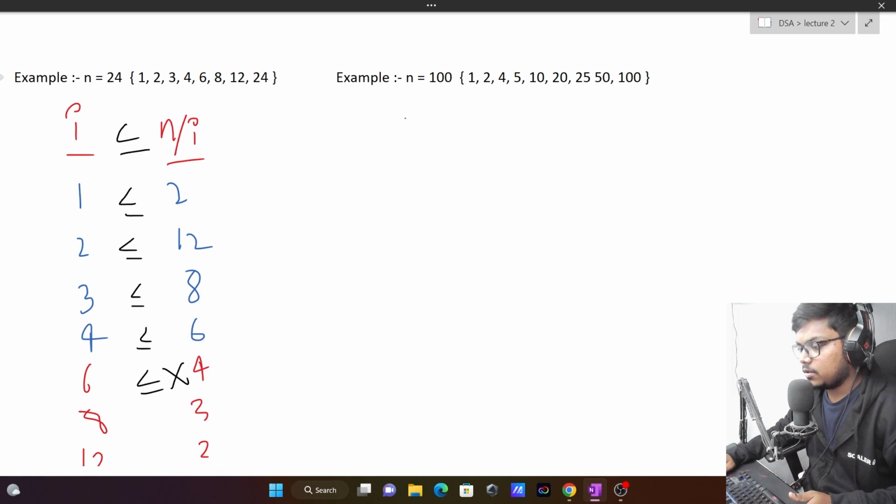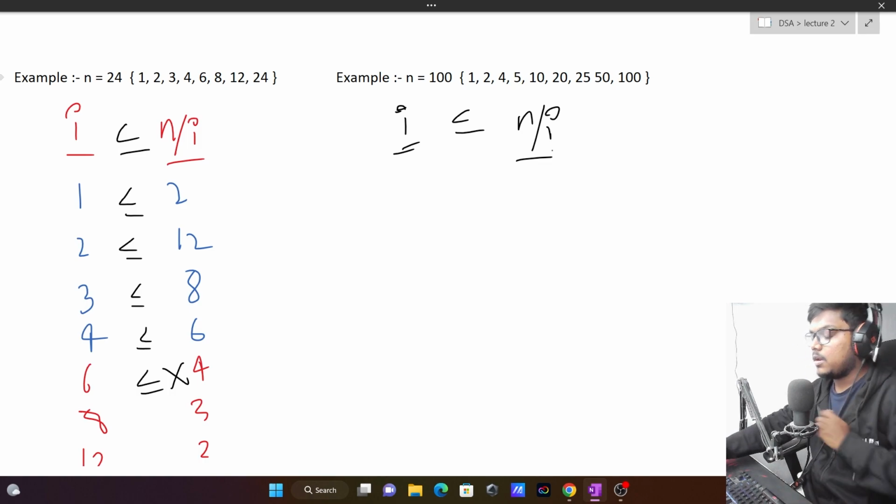Let's do this. I take I, then taking n by I. Yes, we say that it should be less than or equal to, right? Now what are the factors of 100?